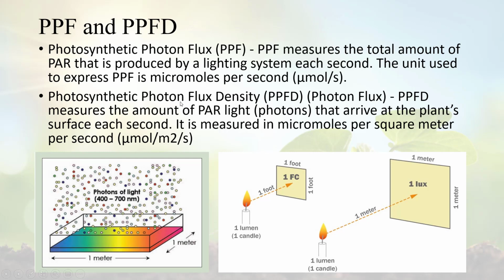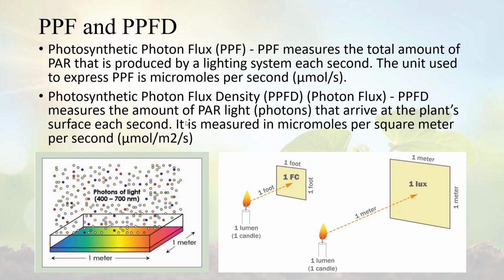But in current day, and where we're going with it, photosynthetic photon flux, or PPF, is the measure of the total amount of PAR that is produced by a lighting system each second. And it is measured in micromoles per second, right? So remember, PAR is that range from 400 to 700 nanometers, the spectrum of light that our plants use for photosynthesis.